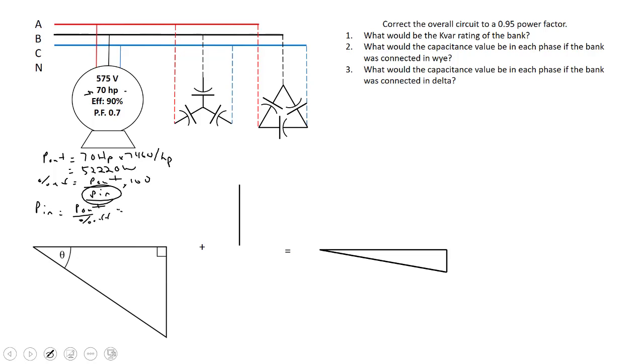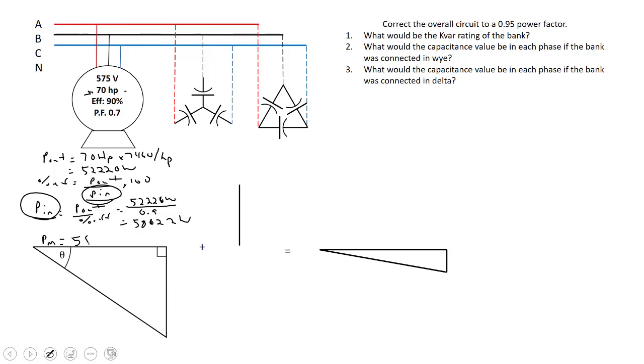So in this case it'd be 52,220 watts, and I divide it by my efficiency of 0.9, so 90%. So that's going to come to about 58,022 watts. So the power input, that's what's required on my power triangle for my motor. The true power, that's the input power, and that's what we have to put on our power triangle.